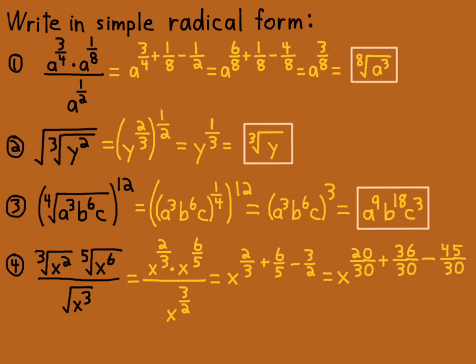So that's what I got. And then you add and subtract the numerators, right? So 20 plus 36 is 56, and 56 minus 45 is 11. So I get, right, 11/30ths. And it wants it in radical form, so I'm going to do the 30th root of x to the 11.